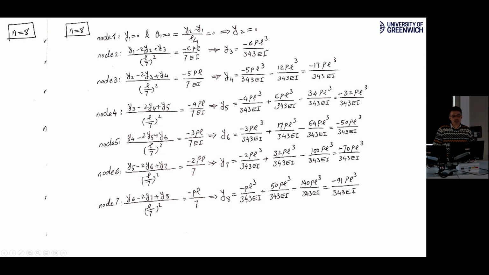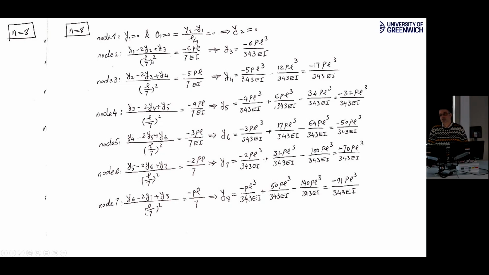Whatever you have in the denominator, y1, 2, 3, just increases by 1. It means that y1 gets y2, y2 gets y3, y3 gets y4. But the coefficients here are constant. This is 1 minus 2 plus 1, 1 minus 2 plus 1, right? In the denominator is the segment length to the power of 2.